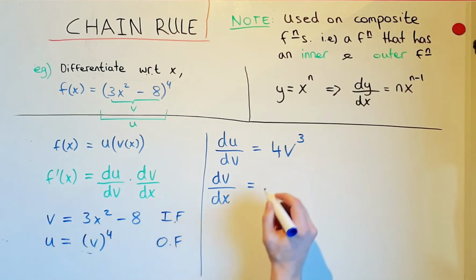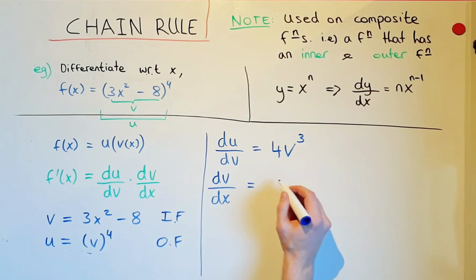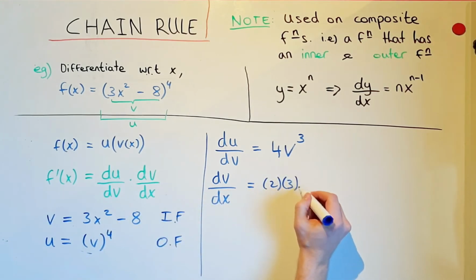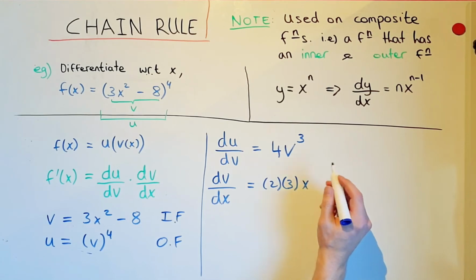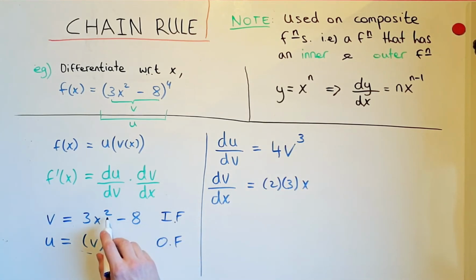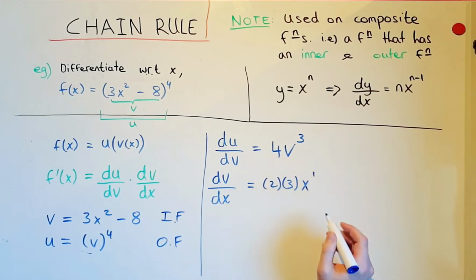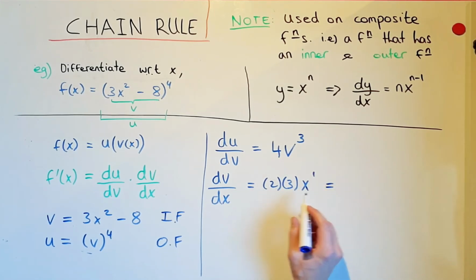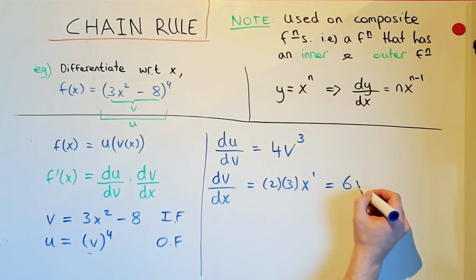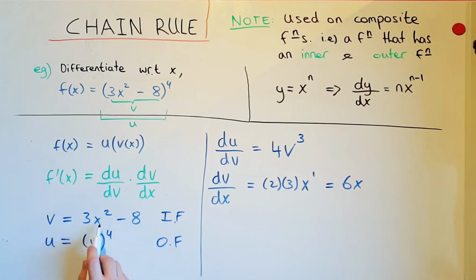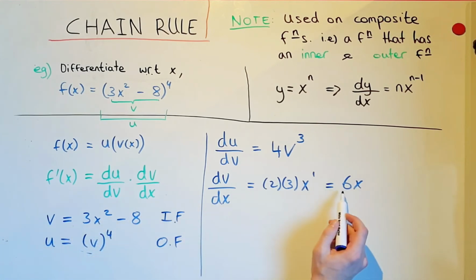So if you want to do it explicitly, you could write the 2 comes down in front, and then we have the 3 is already there, and then the function is x, and then we're reducing the power by 1, so it's 2 minus 1, that's going to be 1, which is just x as well. So then just going one step further, that's going to be 6x. So dv dx, where v is 3x squared minus 8, it's going to be 6x.